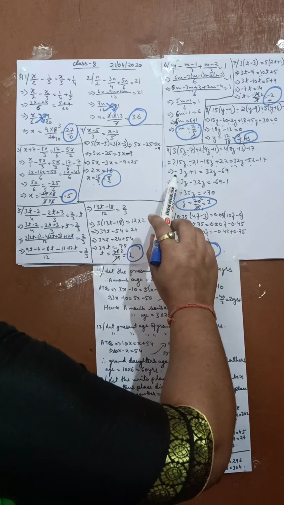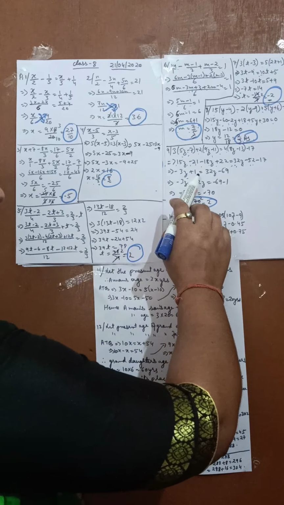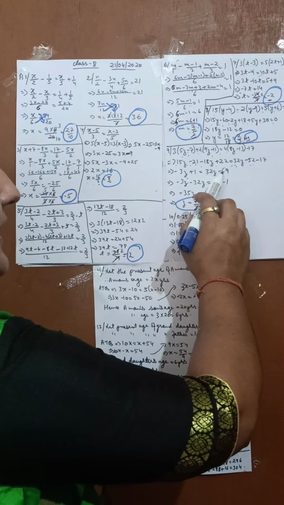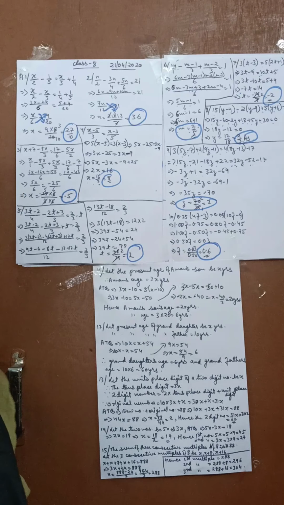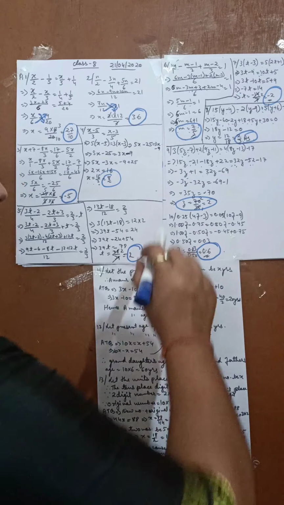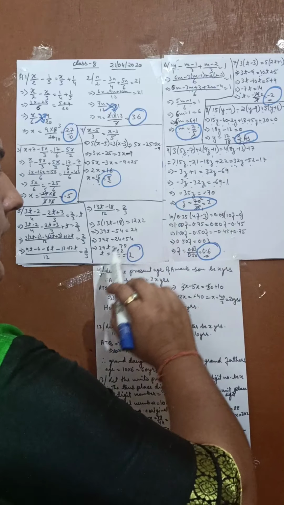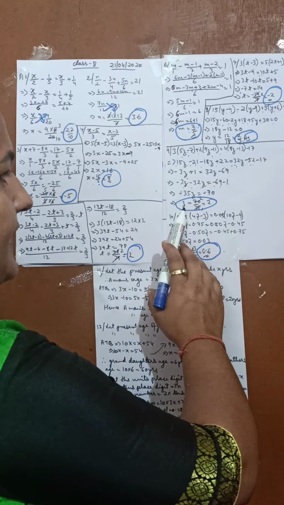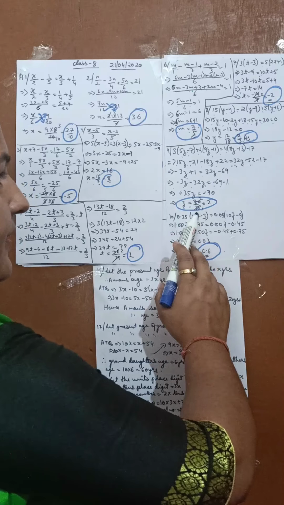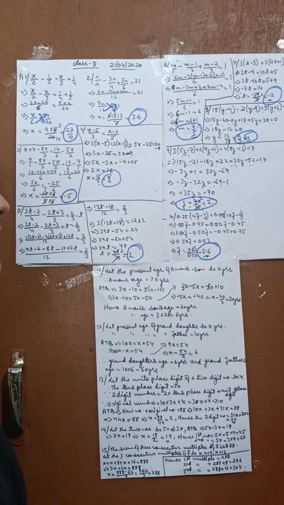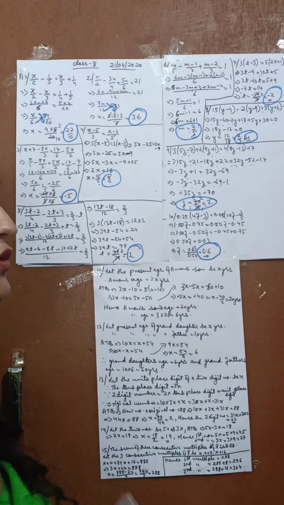So minus 3z plus 1 is equal to 32z minus 69. So here also we will keep the value of z together. Minus 3z minus 32z is equal to minus 69 minus 1. So after solving the values, we will get z is equal to 70 by 35 is equal to 2. So the value of question number 9 is z is equal to 2.